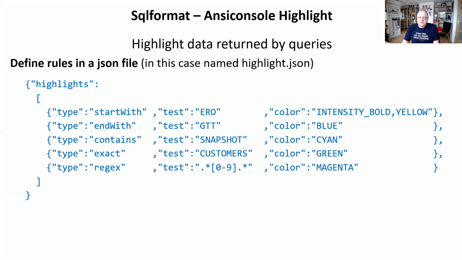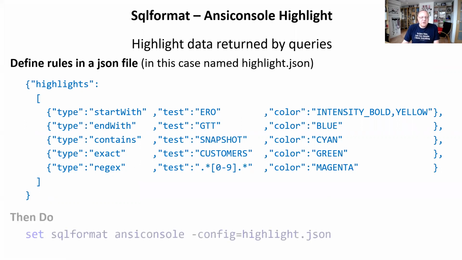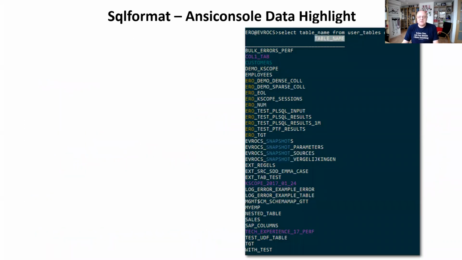After you've created this JSON file, you can do set SqlFormat Ansiconsole -config highlight.json, and then you can run a query, and it looks like this. All sorts of colors in there. So instantly you see where the interesting parts of your data are.